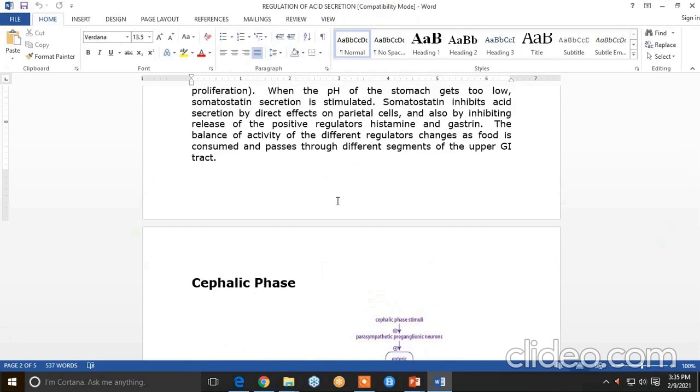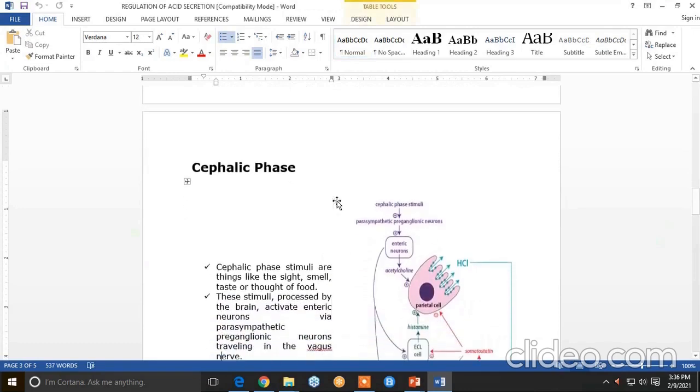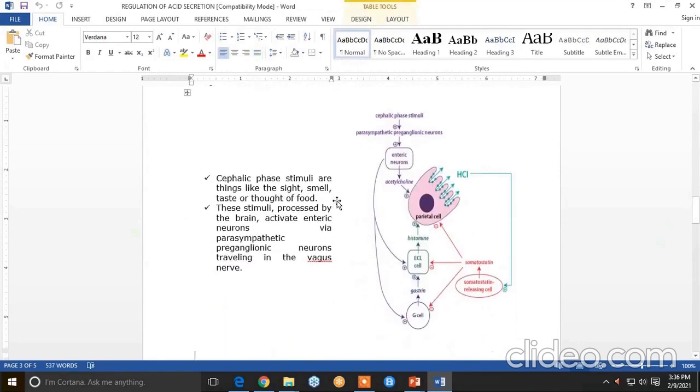The balance of activity of the different regulators changes as food is consumed and passes through different segments of the upper gastrointestinal tract. Now there are three phases of gastric acid secretion. The first one is the cephalic phase. The cephalic phase stimuli are things like the sight, smell, taste or the thought of food.